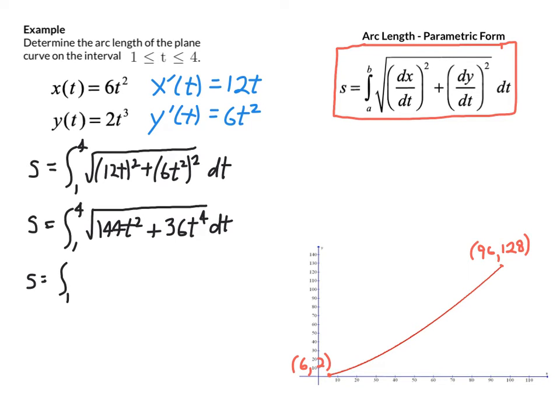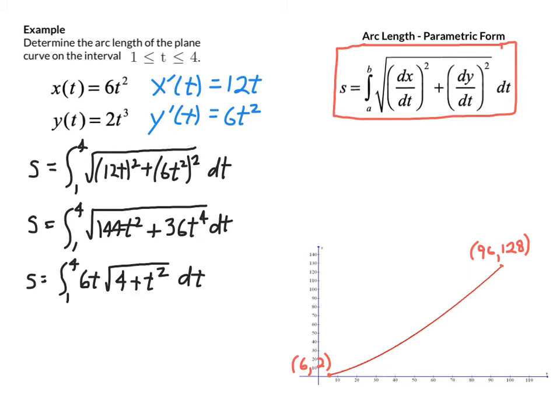I'm going to take a factor of 36t squared out of the terms in the radicand, and then take the square root of that common factor, which gives me 6t to the first outside of the radical. And on the inside, I'm left with 4 plus t squared.